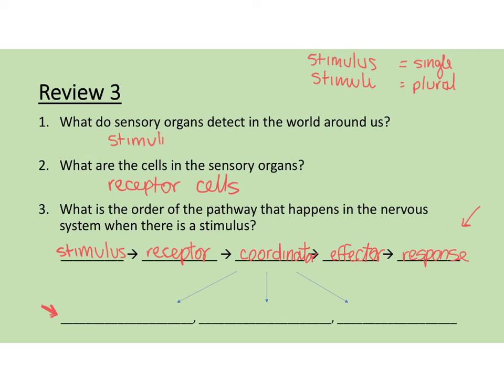And the neurons involved in the coordinator stage are the sensory neuron, the relay neuron, and the motor neuron. So you had to get everything in that order to get the mark. So give yourselves a mark out of 4, 1 for each question, and then also for the neurons at the bottom. Okay, so give yourself a mark out of 4, and then we'll move on to the rest of the lesson.